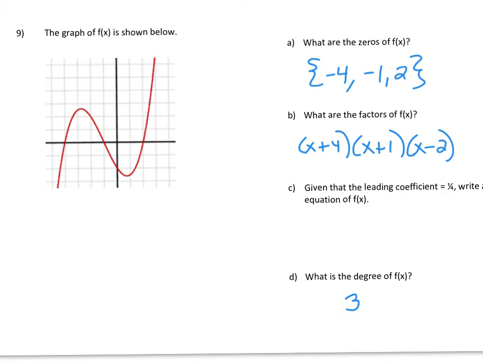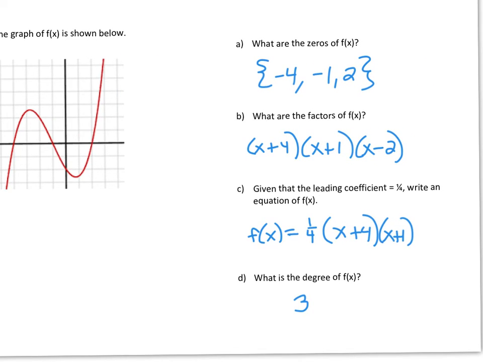Okay, and then part C. This time we're given that the leading coefficient is 1/4. Write an equation of f of x. So it would just be f of x equals, and we put the leading coefficient, which is 1/4, followed by its factors, which is x plus 4 times x plus 1 times x minus 2.